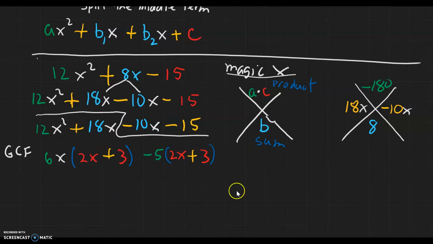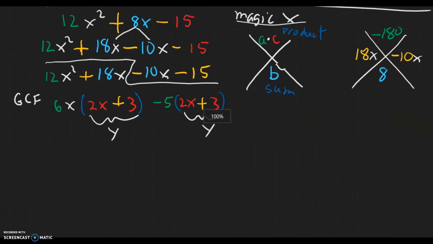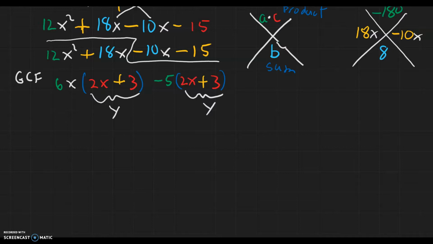At this point, here's what's really happening. Let's pretend this entire quantity, 2x plus 3, was a y. If that was the case, you would have 6xy, because we replaced the 2x plus 3 with a y, and then minus 5y.